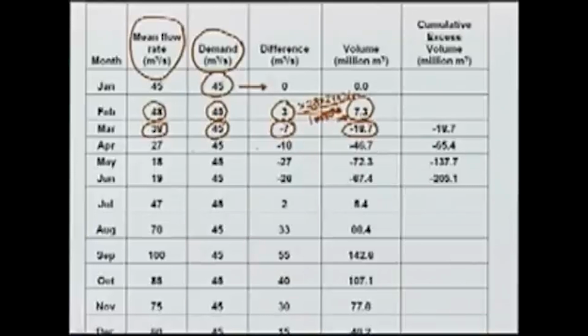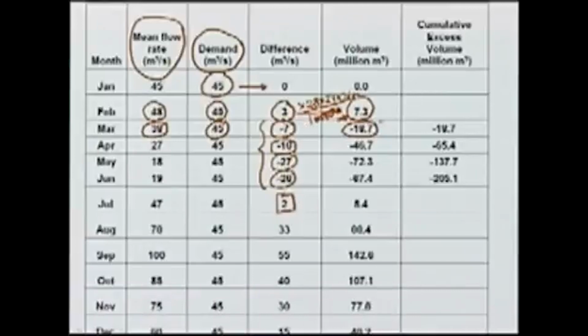In the next month again we have a deficit, and so on till we reach July, in which case again we get a surplus. So, these 4 deficit months, they are the critical months for the storage capacity, and our storage should be sufficient to take care of these deficit values.